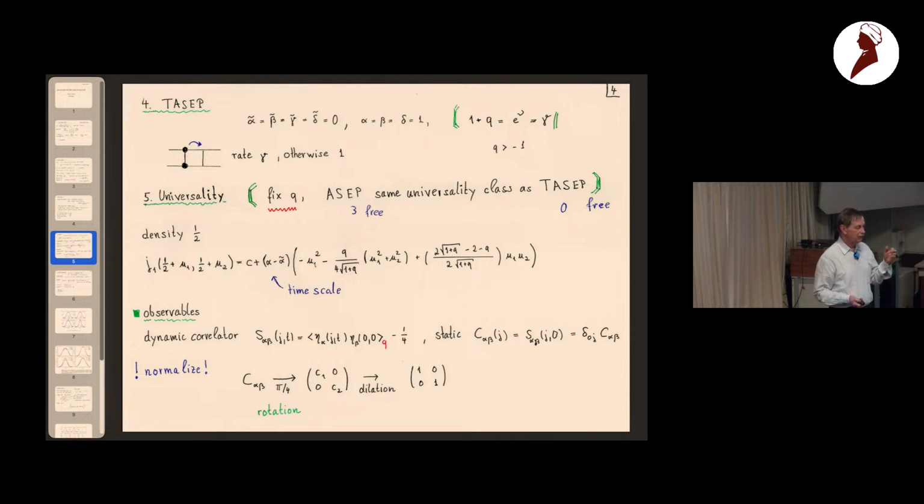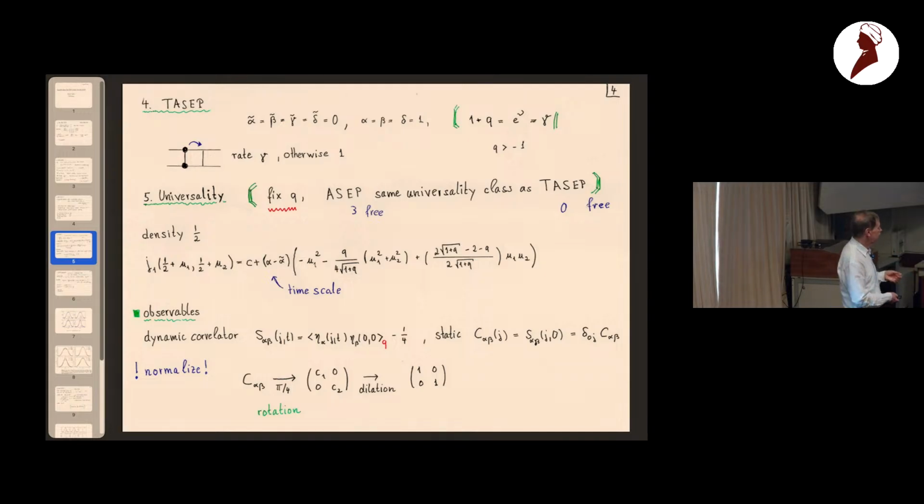The idea is that I can compare two models only if they have exactly the same static correlator. And since I can renormalize the fields easily, we always want to compare models in such a way that the static correlator is the unit matrix. Okay? So this is, so to speak, our standard.